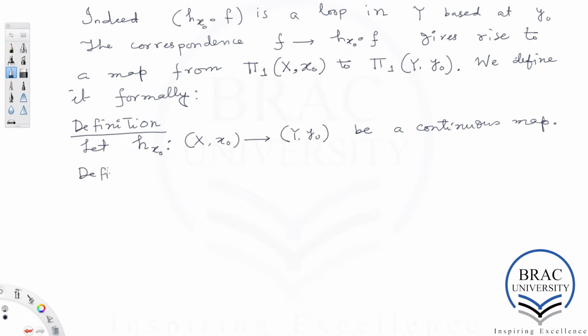Define h sub x0 star, from the fundamental group of X with reference to the base point x0 to the fundamental group of Y with reference to the base point y0, by the following equation. We define this induced map by the following equation.